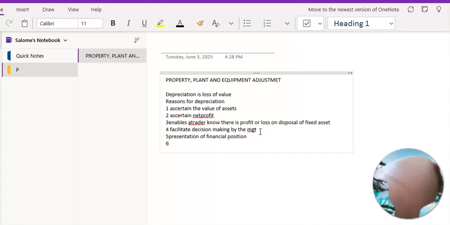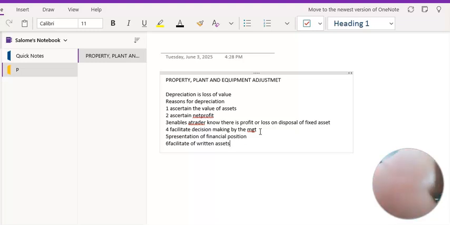Another thing that you should also know is that it helps to ascertain return of assets. So there is what we call facilitation of return of assets.